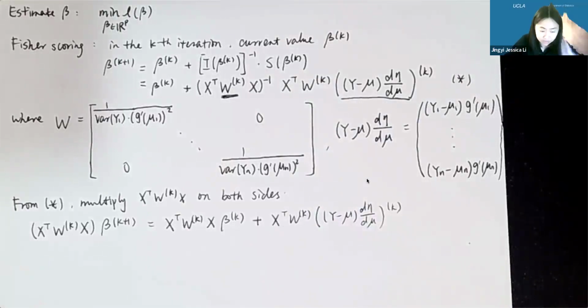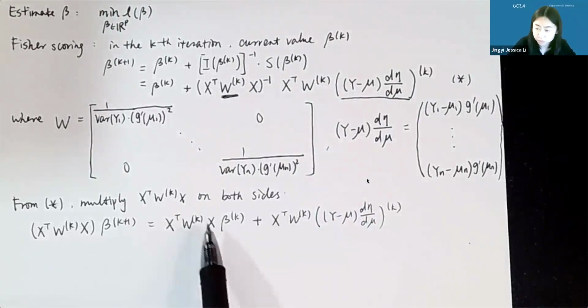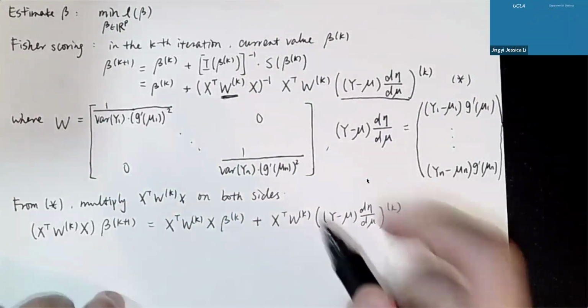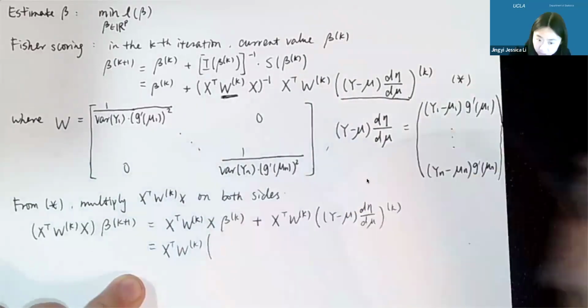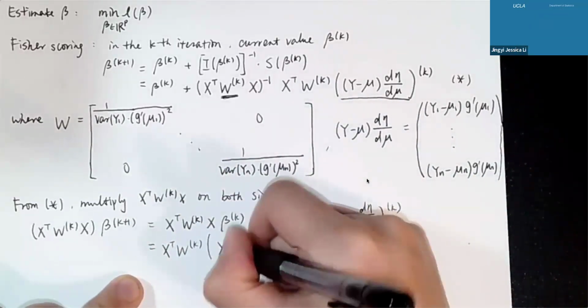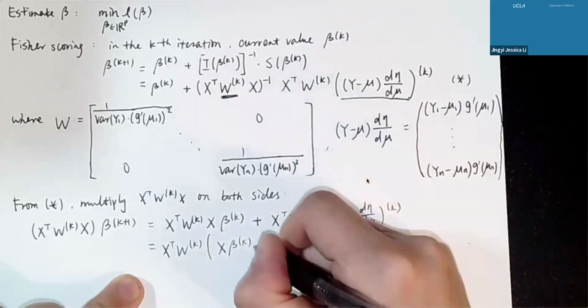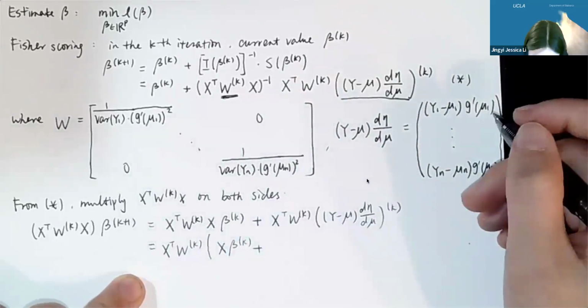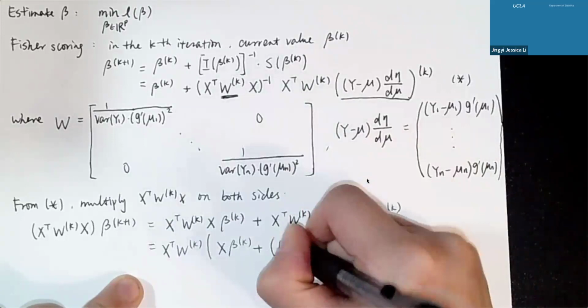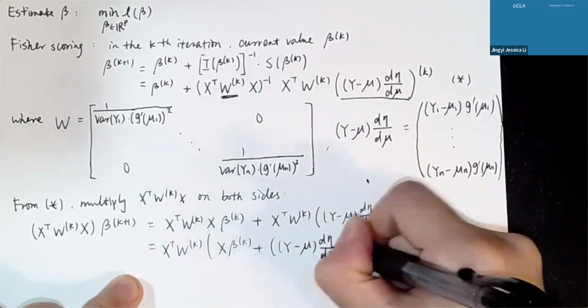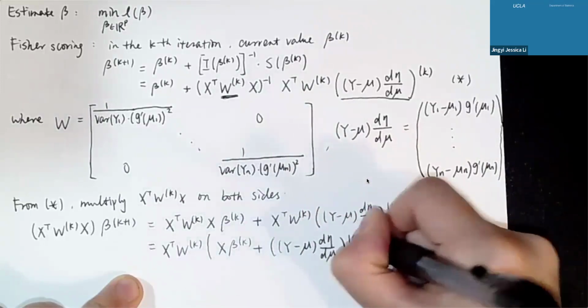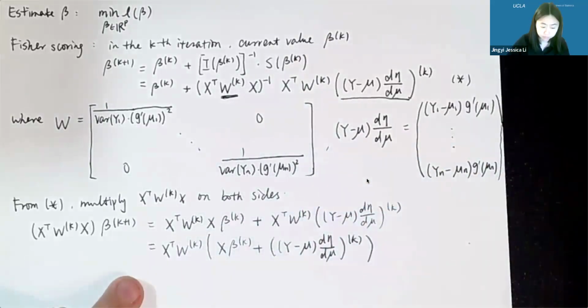And then you can see that for the right two terms, we can combine them because they both have X transpose W_k in front of them. So we get X transpose W_k times X beta_k plus (y minus mu) d eta d mu at k. That's it.